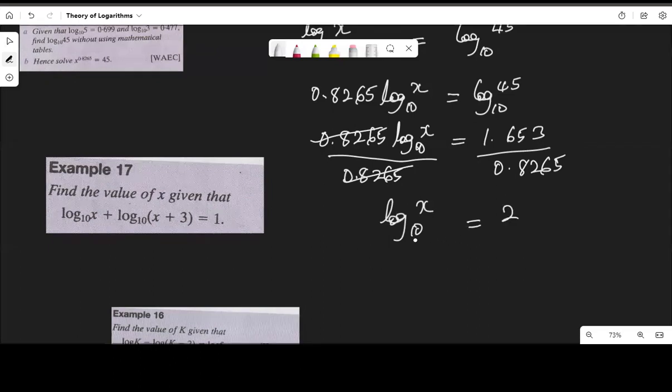So now applying the law of logarithm by converting this to index form, x will be 10 to the power of 2, which is 100. So x is 100 in this case. Then we'll move on to the next question.